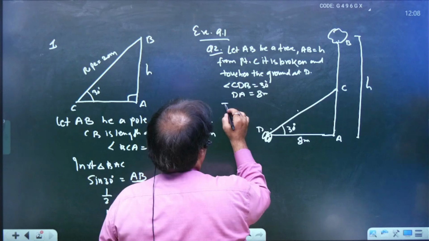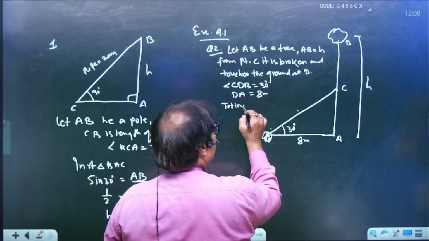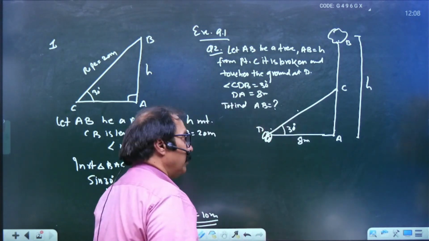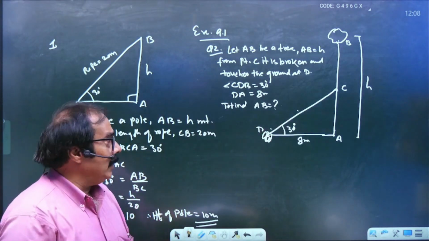So we have to find AB. What will be the AB? Okay, this is all about the figure.